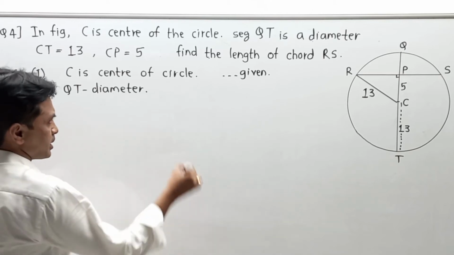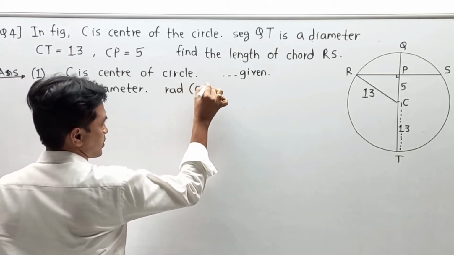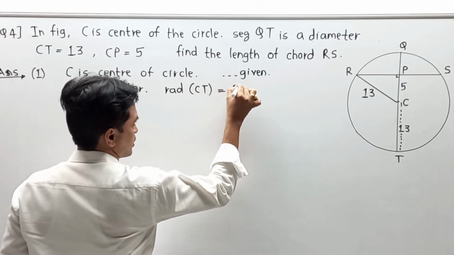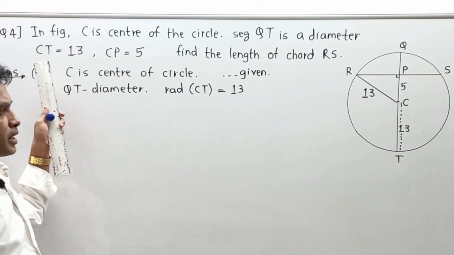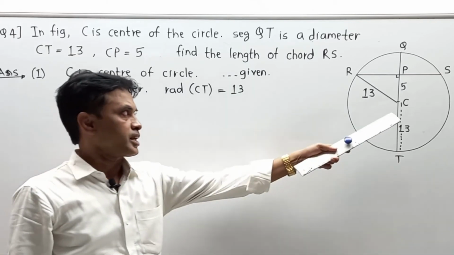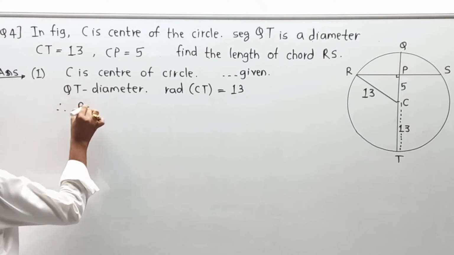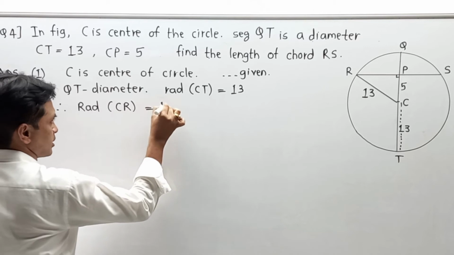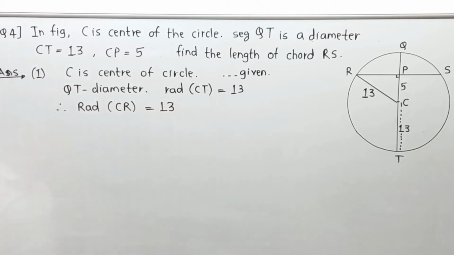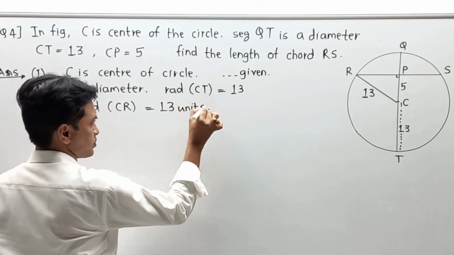Therefore, CT, or we can say radius CT, is equal to 13. Now, next to that, therefore radius CR is also 13. They have not mentioned units, so I am going to write it as units.